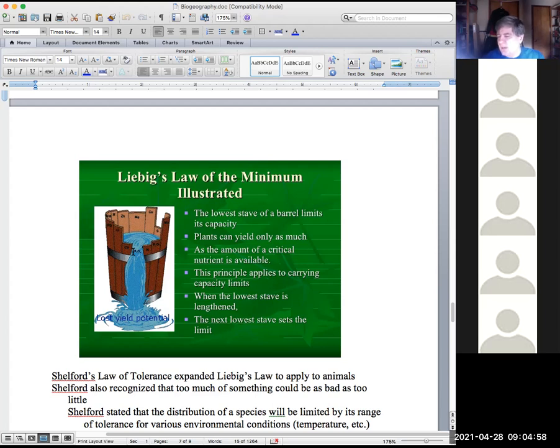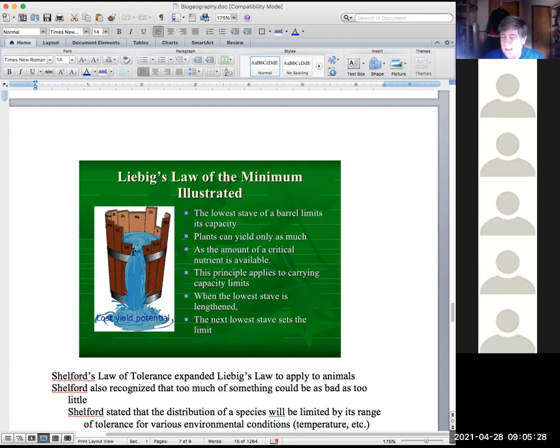If you've had a chemistry class, this is very similar to a concept that you've probably talked about called limiting reactants. If we have an equation, we can think of it like making a recipe. If we need 1 cup of sugar and 2 cups of flour to make our cake, if we have 2 cups of sugar, we can have 100 cups of flour.